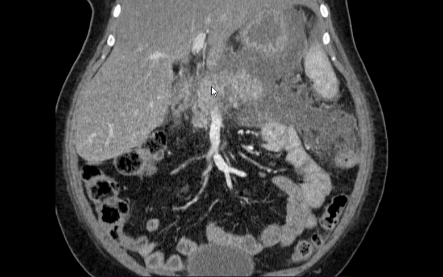The history that I gave was a patient with abdominal pain, secondary to hypertriglyceridemia. So this is pancreatitis secondary to hypertriglyceridemia, which can cause pancreatitis.